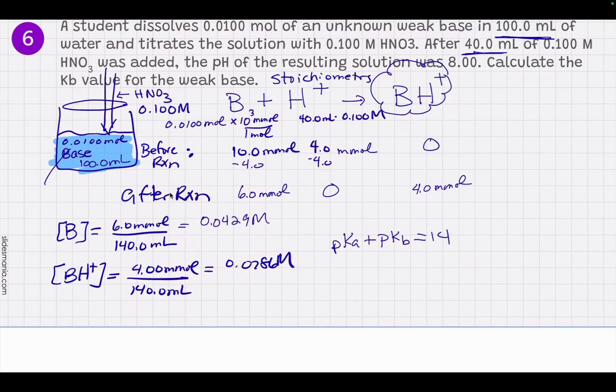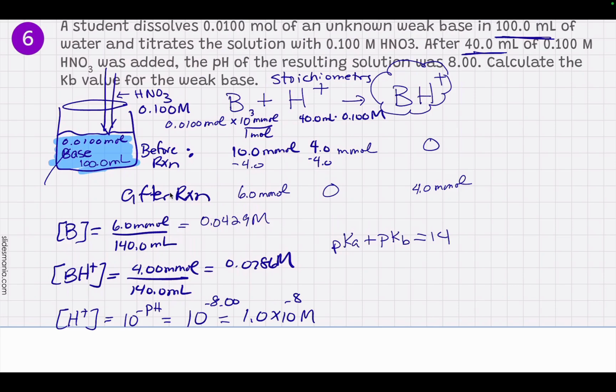I can use the pH that's been given to calculate the hydrogen ion concentration first. So the pH is 8, so the hydrogen ion concentration is 1 times 10 to the negative 8th.